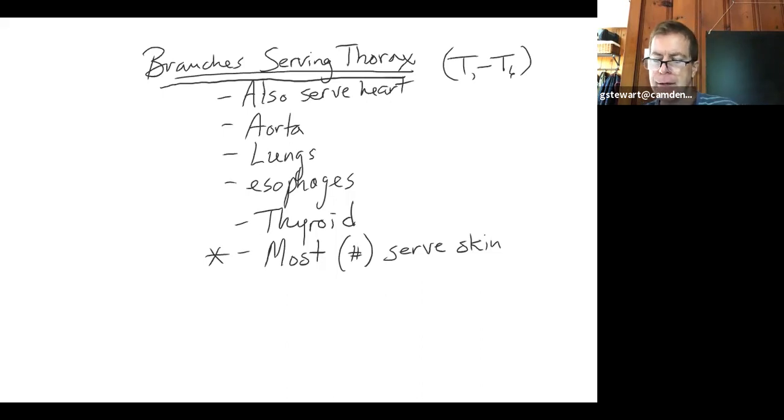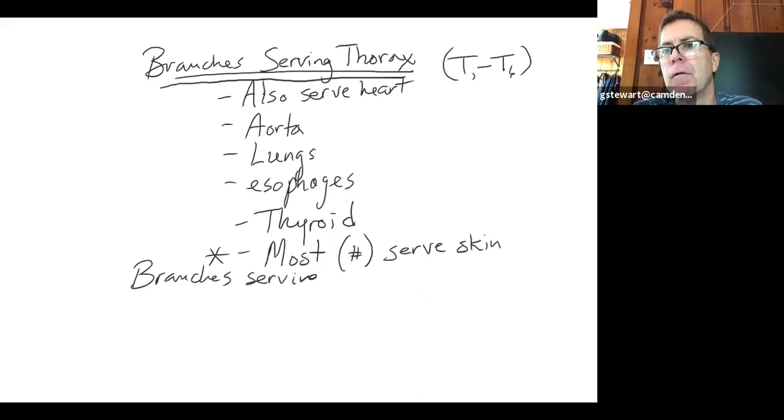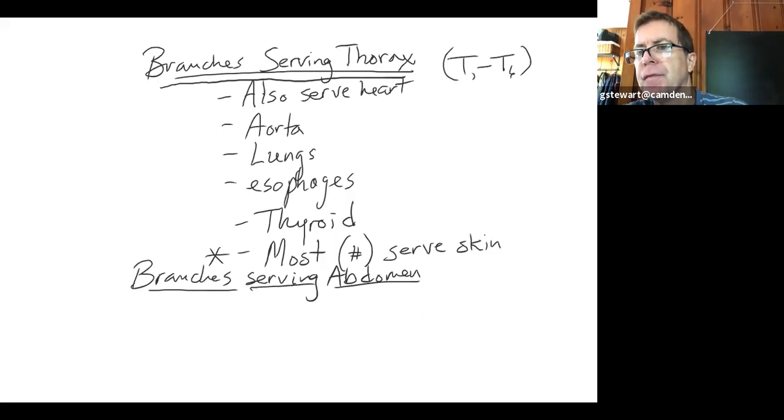Getting close to the end, guys. Finally, branches of the sympathetic system serving the abdomen. I'm squishing this in here so that perhaps I don't have to go to a new board. This would be, there's overlap, by the way.